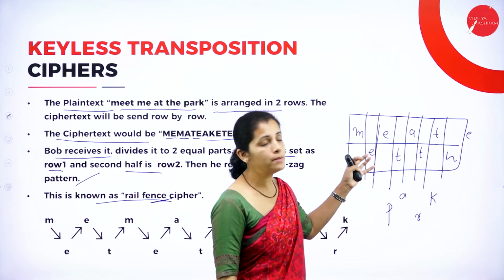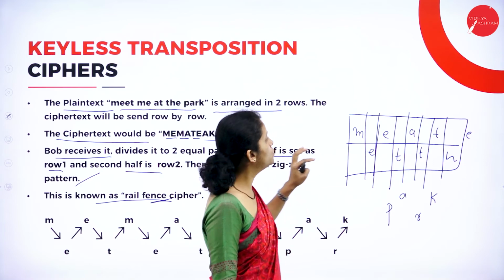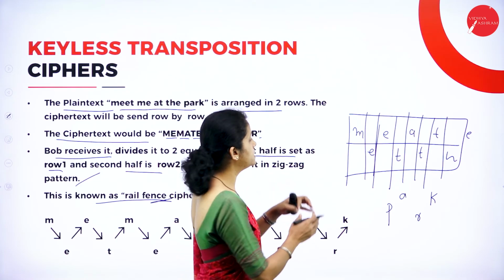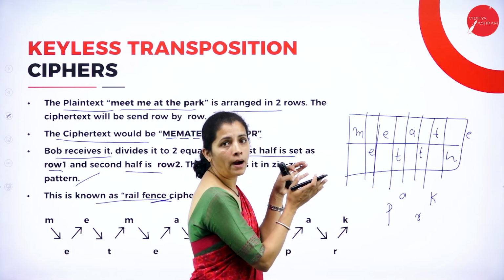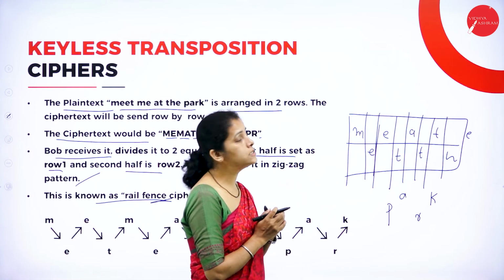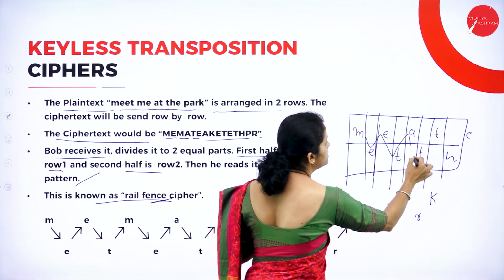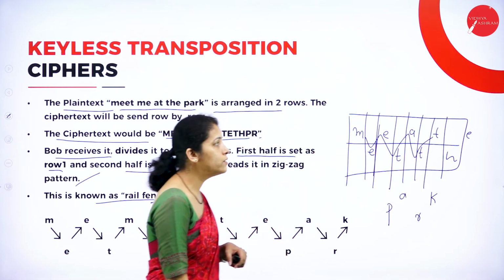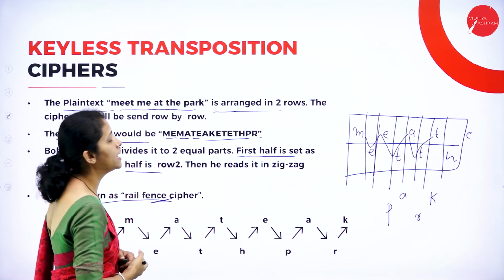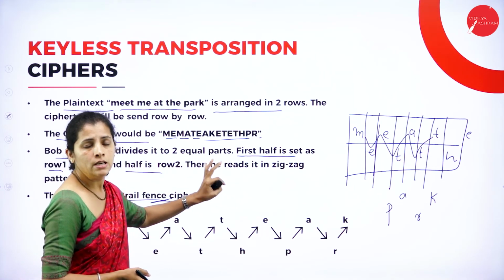At the receiver side Bob is going to receive this ciphertext and he is going to divide this table into 2 parts, that is part A and part B, that is row 1 and row 2, and he starts reading zigzag. This kind of representation is called keyless transposition, because here I'm not having any key value.